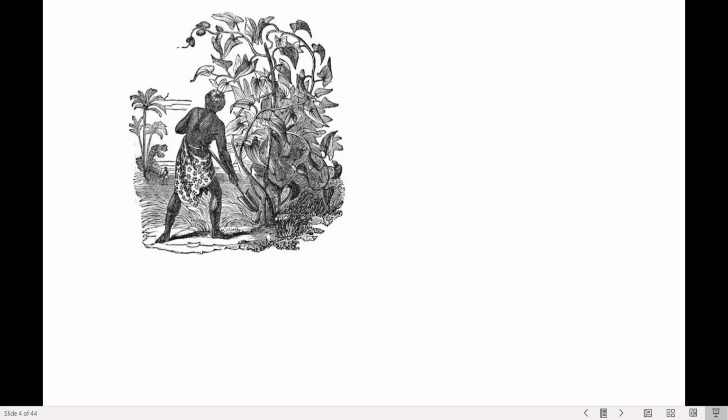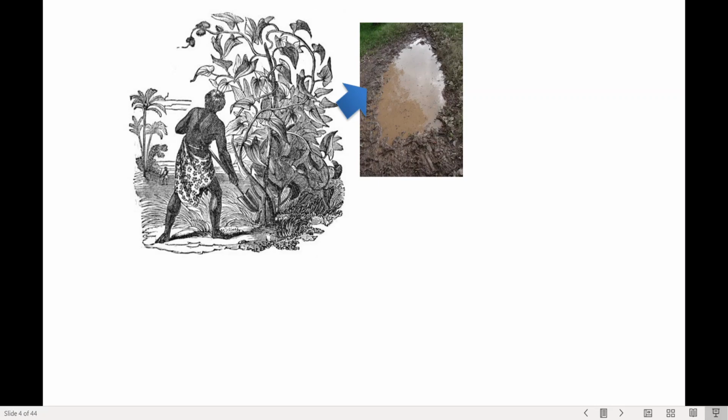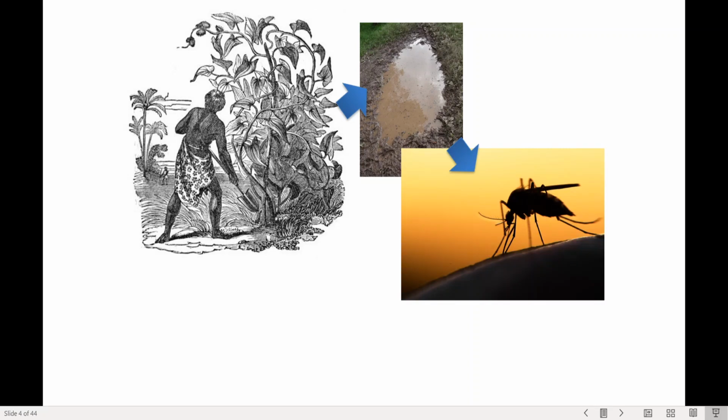As they were clearing the land, they created more space for puddles, so for water to accumulate, which of course then becomes a perfect breeding ground for mosquitoes. And these mosquitoes, specific types of mosquitoes, carry malaria, which then of course has a very strong negative effect on the human body.